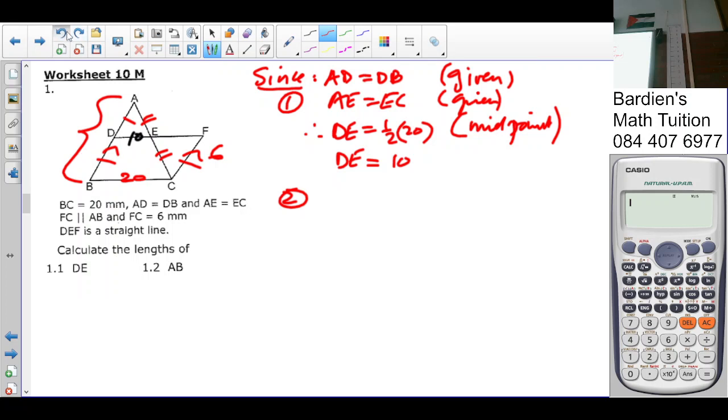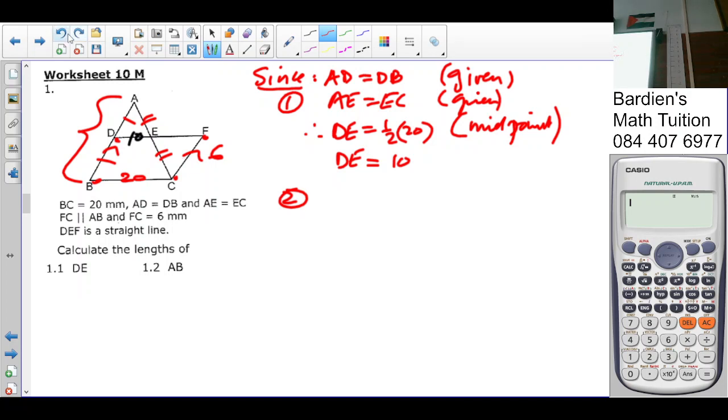So firstly I must prove that DFCB is a parallelogram. Once I do that, I can say that opposite sides are equal. Can you see that, people?